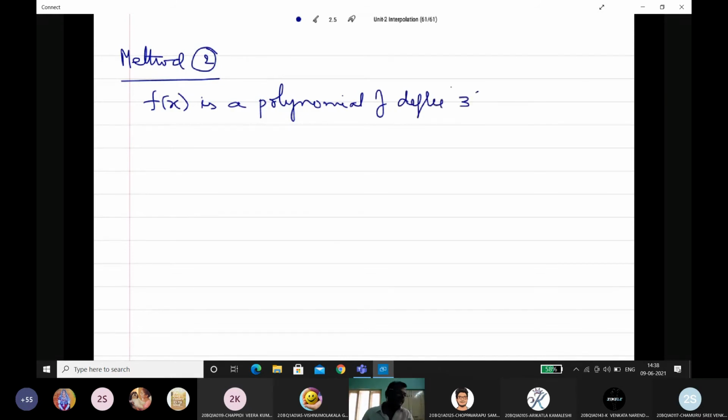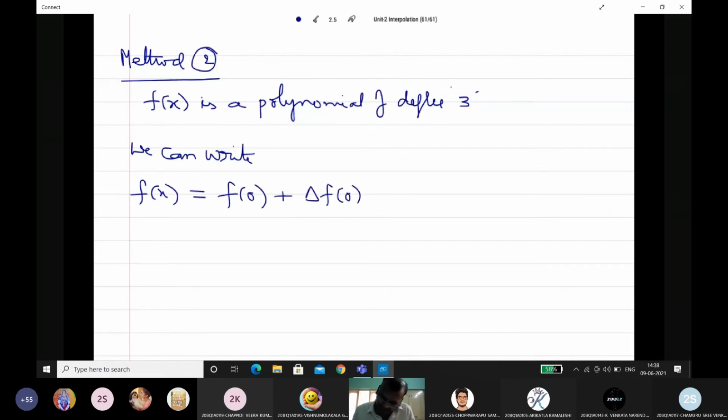Therefore, by the difference operator, we can write f of x like this. f of x is equal to f of 0 plus del of f of 0 by factorial 1 into factorial x.